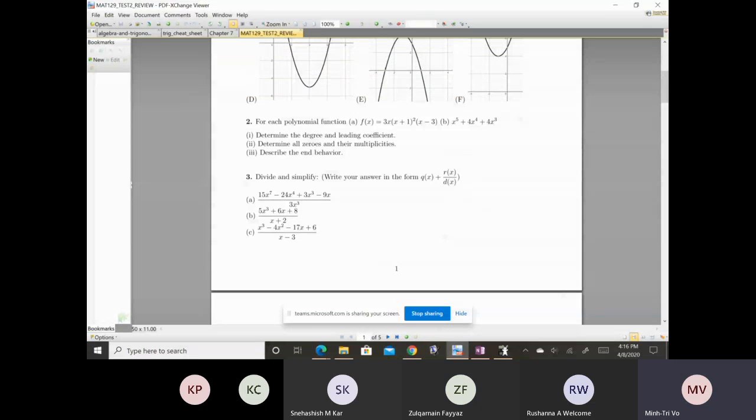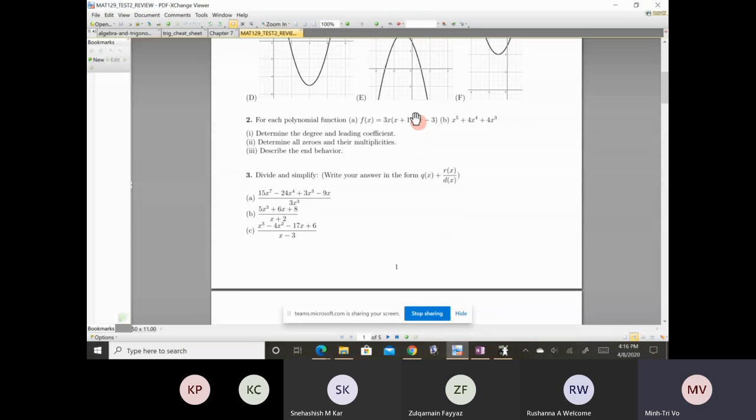In problem 2, you would want to factor everything, and then remember that the factor and the zero have opposite signs. So when the factor is x plus 1, the zero is going to be x equals negative 1. And then the power of the factor is the multiplicity.